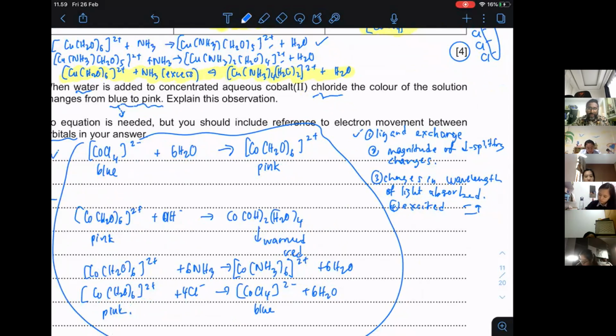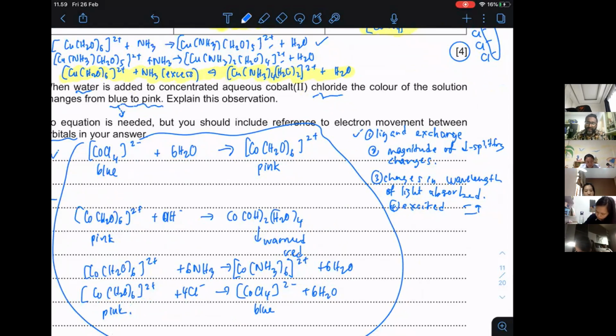So they are already created. You don't need to say that suddenly now it starts to split. You just need to explain that the moment you have a different ligand, the magnitude of the energy of the non-degenerate orbitals is going to change, because of the different ligand. They are already split, but now it's going to change a little bit.